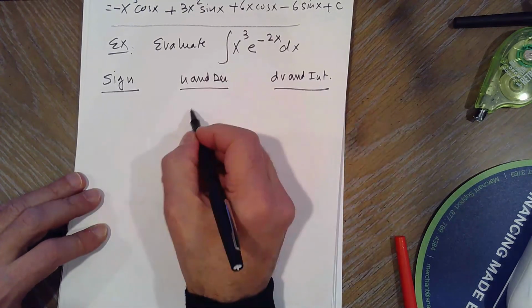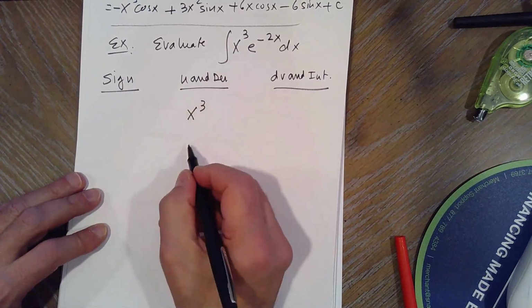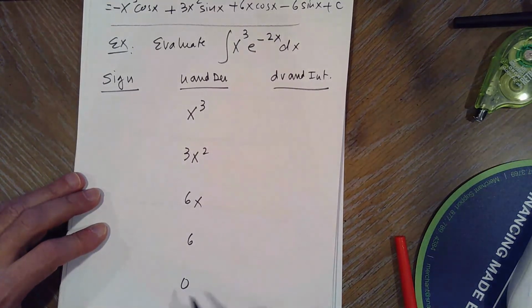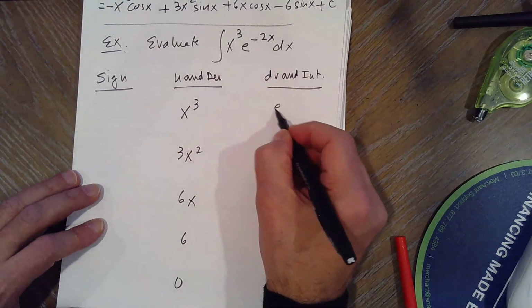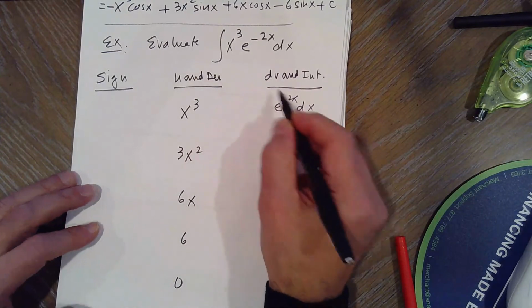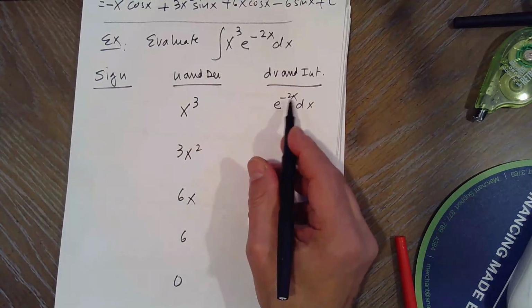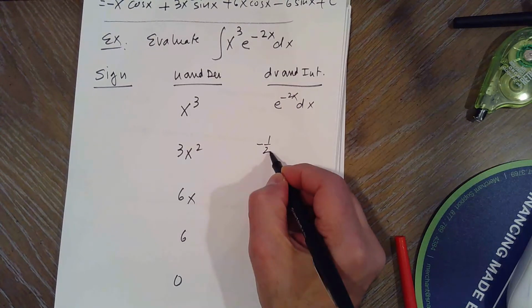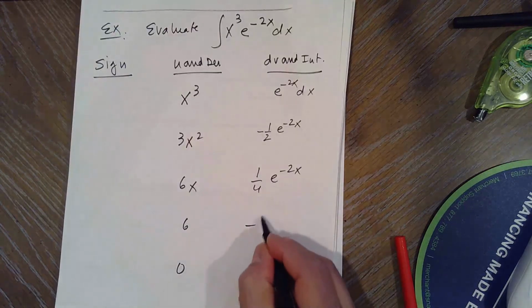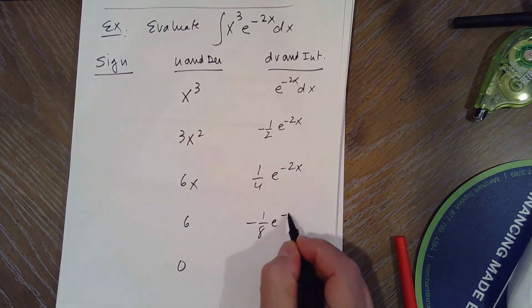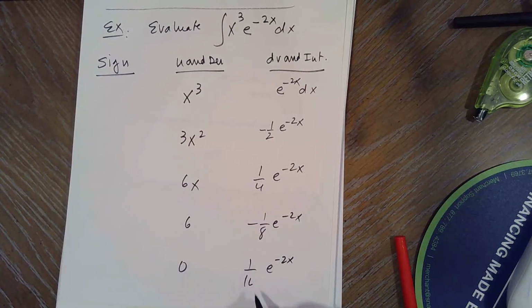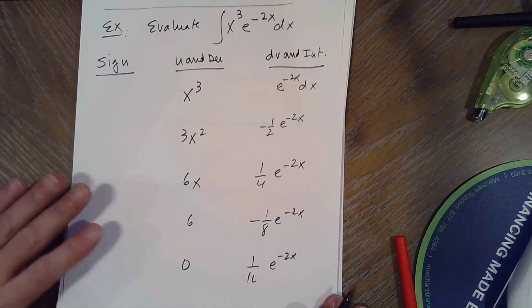So u is x cubed, its derivative is 3x squared, 6x, 6, 0, e to the negative 2x dx. Antiderivative of that is e to the negative 2x divided by negative 2. And then 1 over 4 e to the negative 2x, and then negative 1 over 8 e to the negative 2x, and 1 over 16 e to the negative 2x, and that's it.